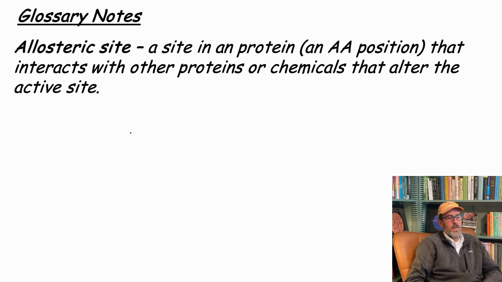It's a detailed chemical principle, but it's very important to understand the rest of these papers, so let's try. An allosteric site is a site in a protein, an amino acid position, that interacts with other proteins or chemicals that alter the active site. That's the definition of allostery or an allosteric site.